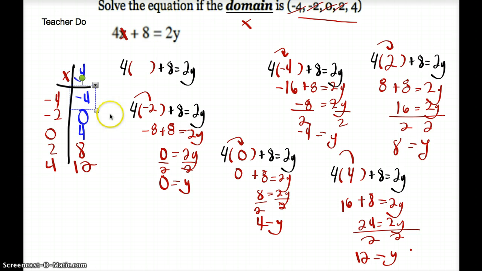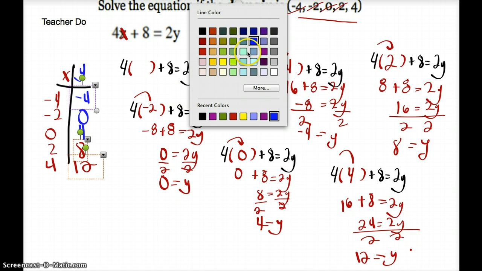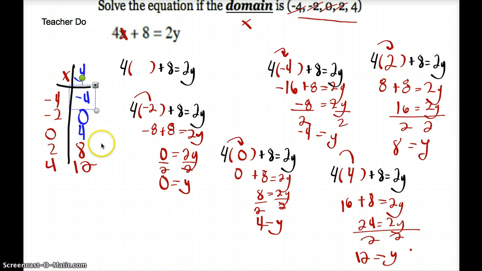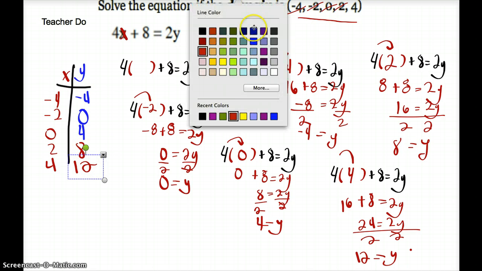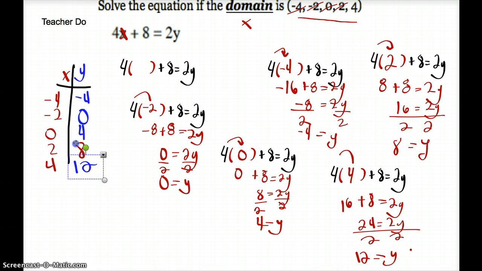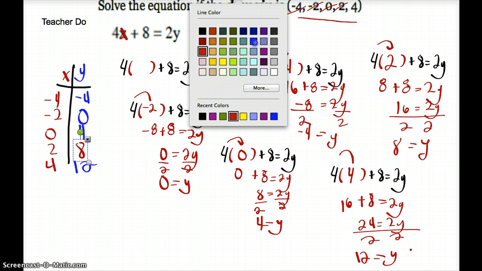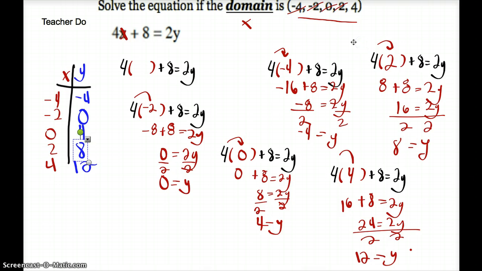Okay, again, I'm going to try and color match these so we don't get confused. All of these points are points on a graph. I can make these all ordered pairs if I'd like. We'll do that in just a few minutes.